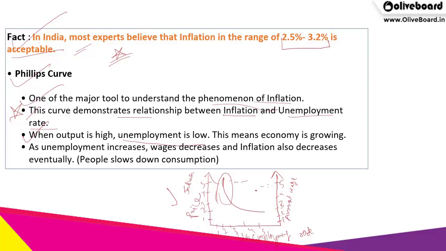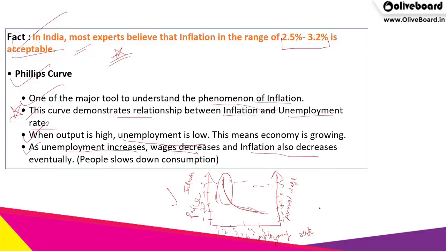So workers and their unions can press for a wage rise, because the output is high, the economy is booming, growing, there's demand in the economy and everything is going good. Now as unemployment increases, wages decrease and inflation also decreases. So here you can see that the unemployment rate is increasing, inflation is decreasing here and wages are also decreasing.